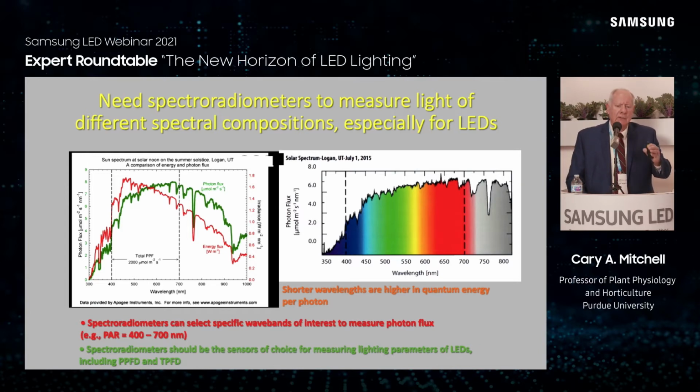And you see that there's a rising amount of solar coming up into the blue and the green. It peaks at the red and starts to trail off into the far red. And the red line shows the relative energy. So the shorter wavelength blue has more energy in it than the longer wavelength red, for example.